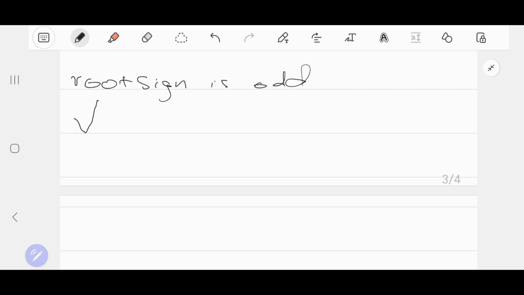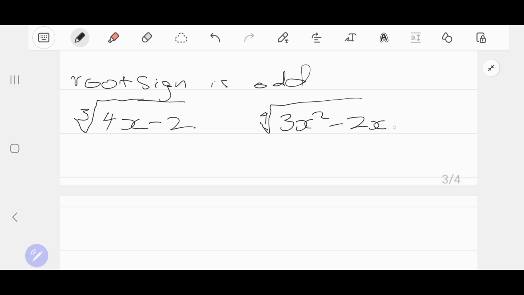Maybe for instance, this is the case, the cube root of 4x minus 2, or maybe the ninth root of 3x squared minus 2x plus 9.